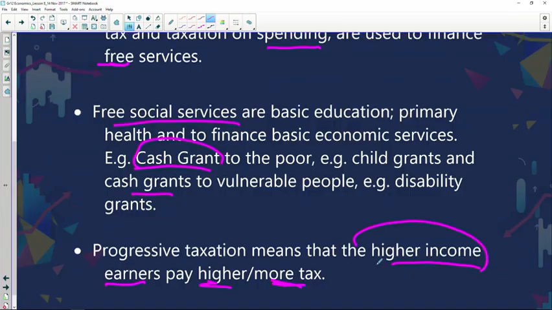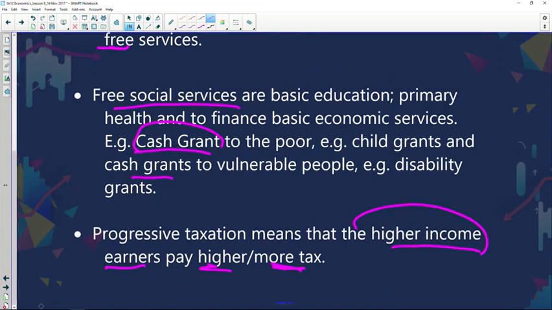In economics, we say the more money you come across, the more tax you pay, because you are considered to be part of the high income earners, and therefore you are going to pay more tax in that regard.